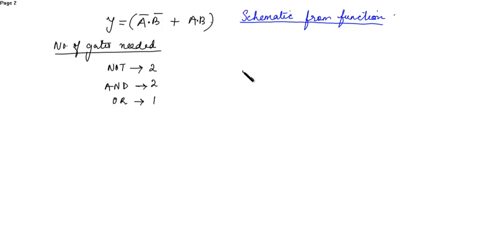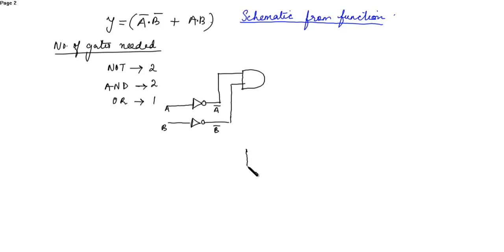First, there are two inverters. This is for A, this is B, this is A bar and this is B bar. So first will be A bar B bar, this is A bar, this is B bar.